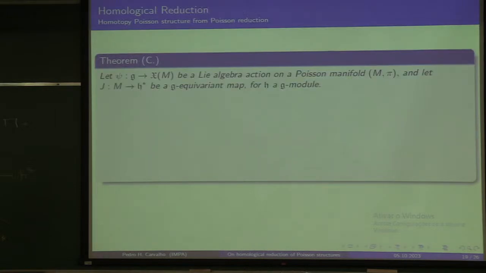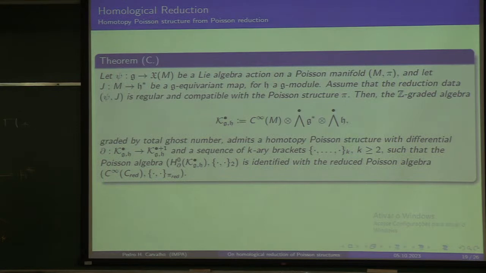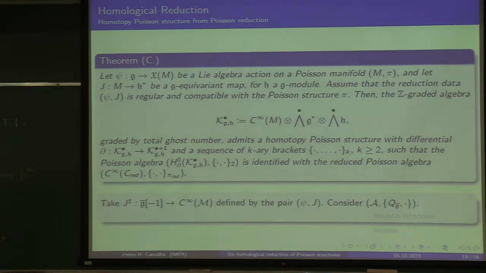Okay, so now we get to the theorem. I took this graded Hamiltonian picture, I did homological reduction, I get this homotopy structure, and now I translate back into non-graded terms. So if you have this generalized reduction data, you assume the regularity that you need to consider the corresponding reduced space, and you get that this algebra now has a homotopy Poisson structure where the brackets are given like this.